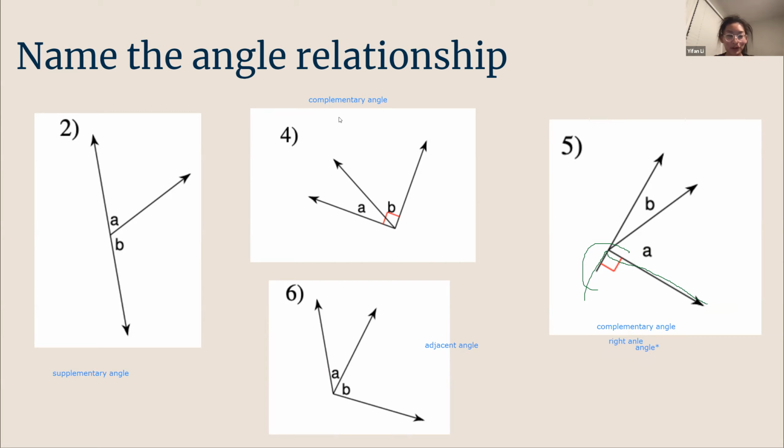And for number 2, AB, there are supplementary angles because they're forming 180 degrees.